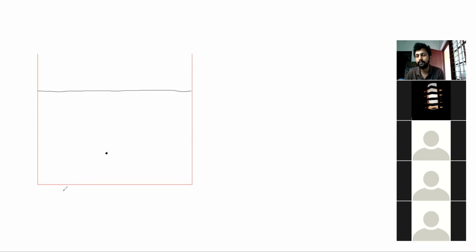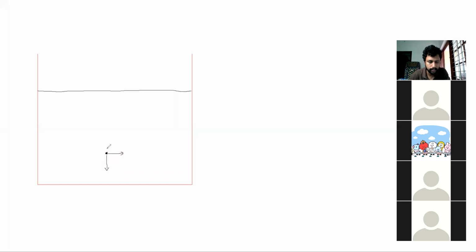What's cohesive force? The force of attraction between similar molecules. Therefore, this molecule will be pulled in all directions by the similar molecules.